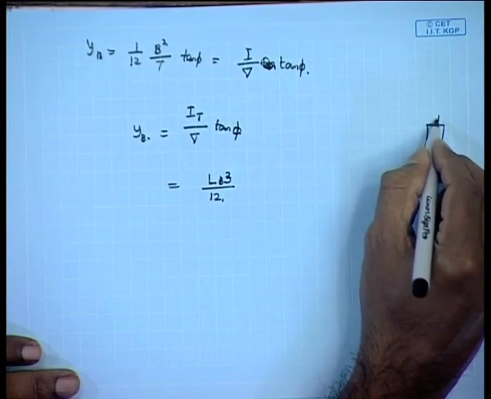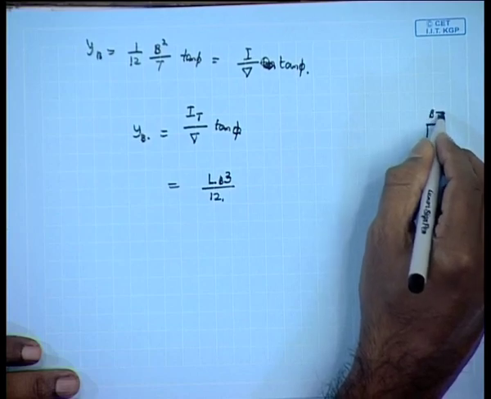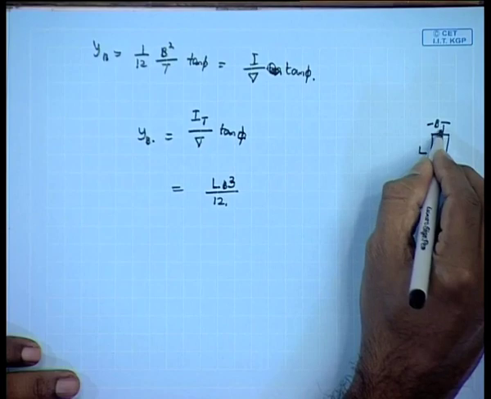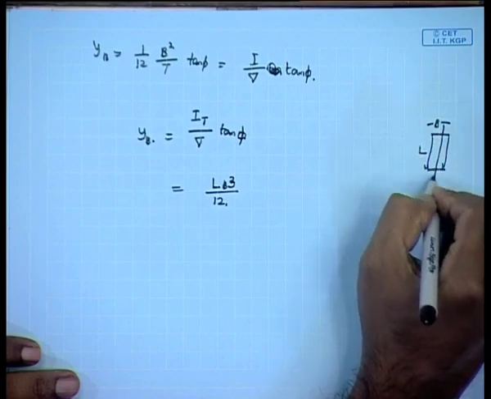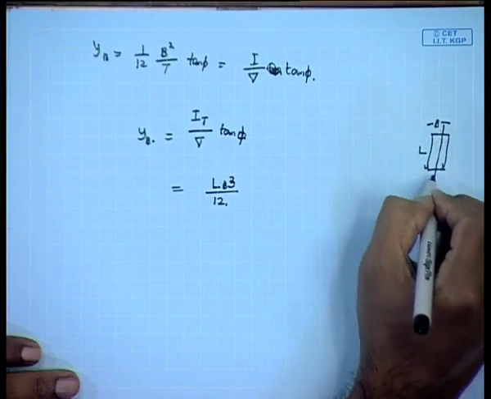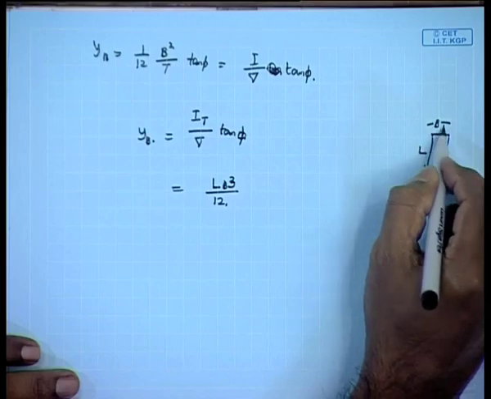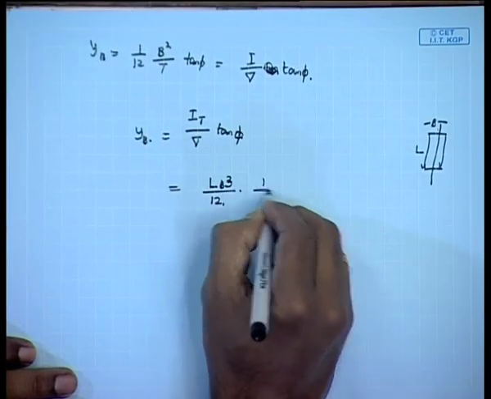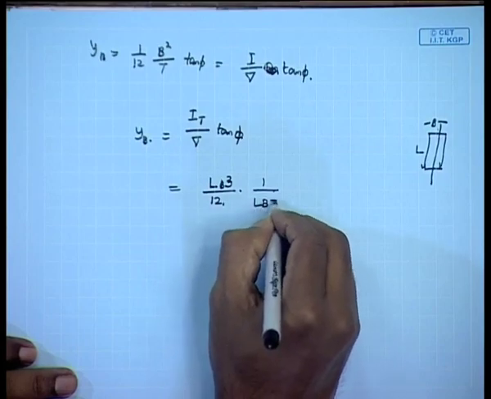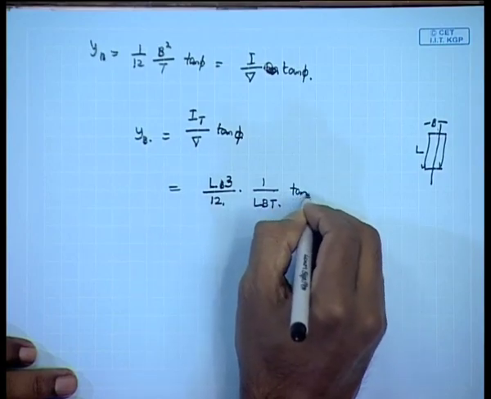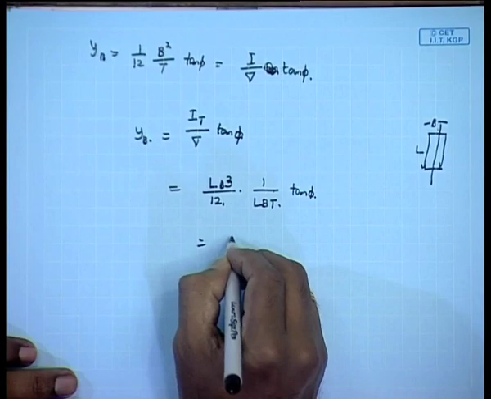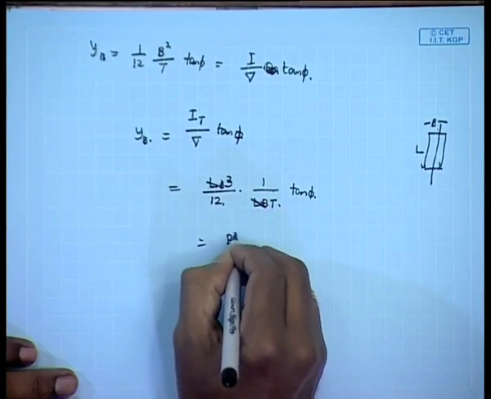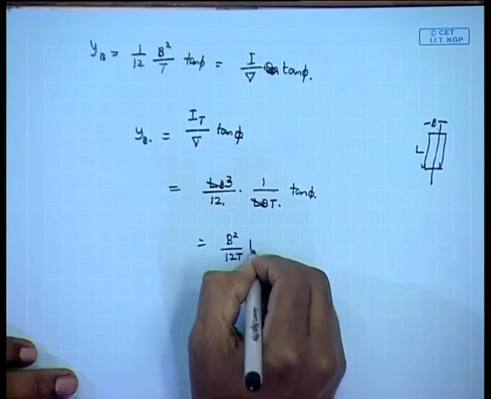If this is b and this is L, and you need to find out the moment of inertia about this line, then that is equal to L b cubed by 12. So, L b cubed by 12 into 1 by delta, which is L b t, into tan phi, is equal to, L cancelled, 1 b cancelled, b square by 12 t tan phi.